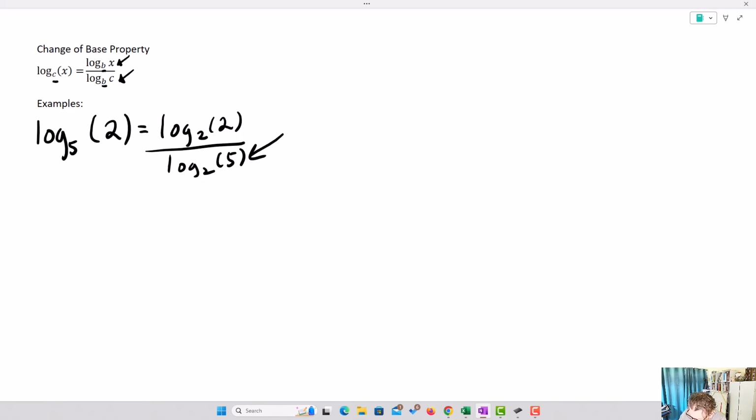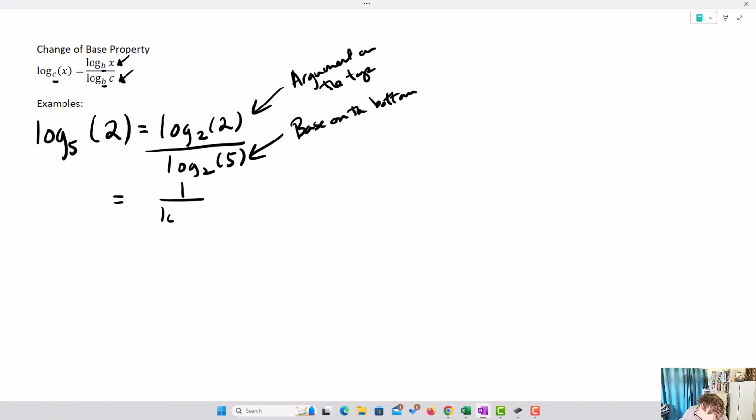So the base goes on the bottom, base on the bottom, and then the argument on the top. And there we go. And so if we simplify this even further, we end up with 1 divided by log base 2 of 5. Okay, which is great. There it is.